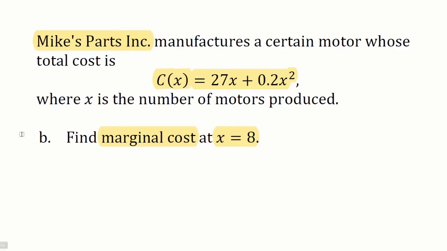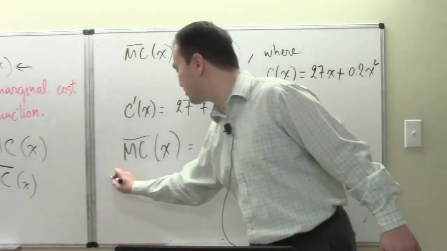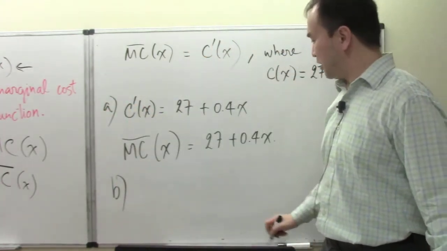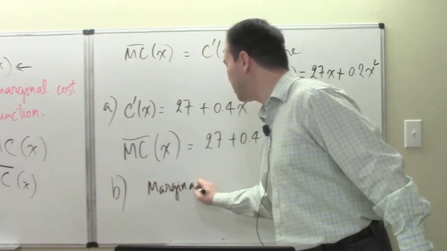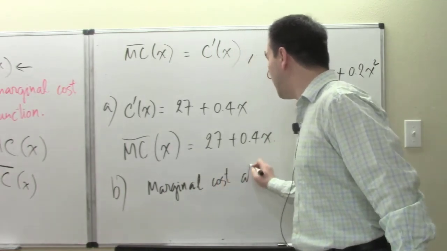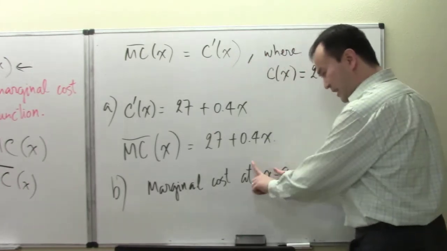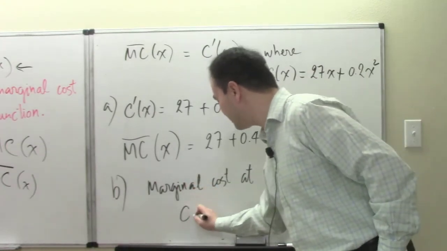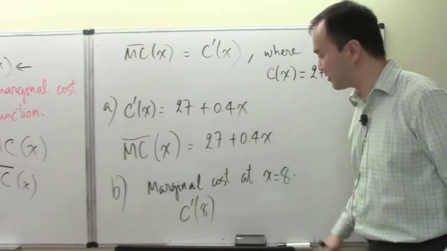Let me get back on my writing board. The marginal cost we have found previously; everything we did there is for part A. For part B: marginal cost at x equals 8. Be careful when it says at x equals 8. Mathematically, we're substituting x equals 8 into our marginal cost function, C prime of x.